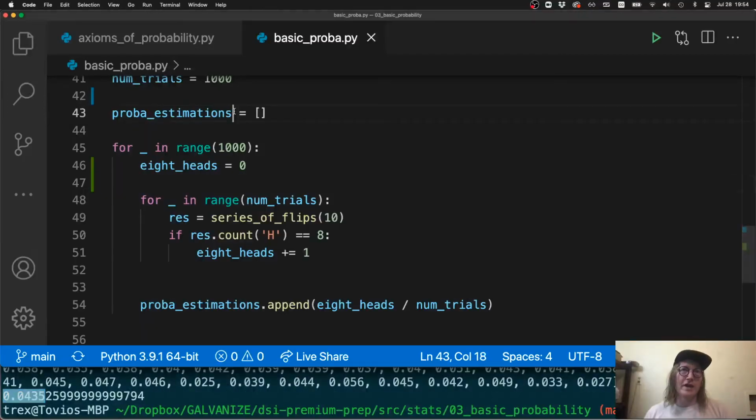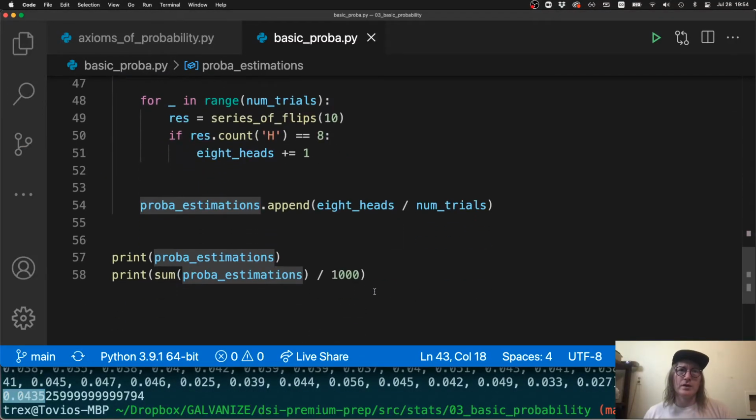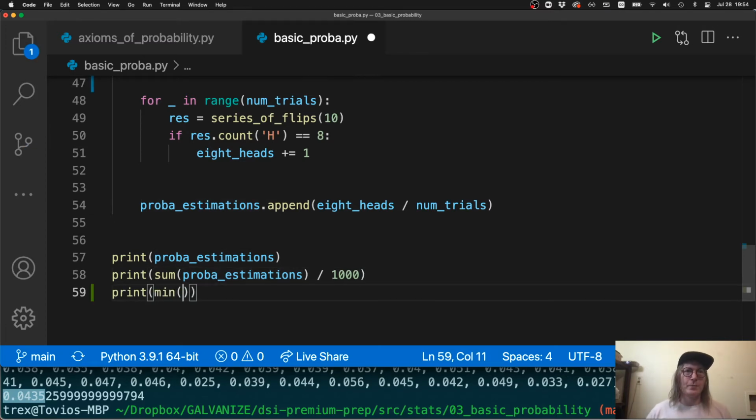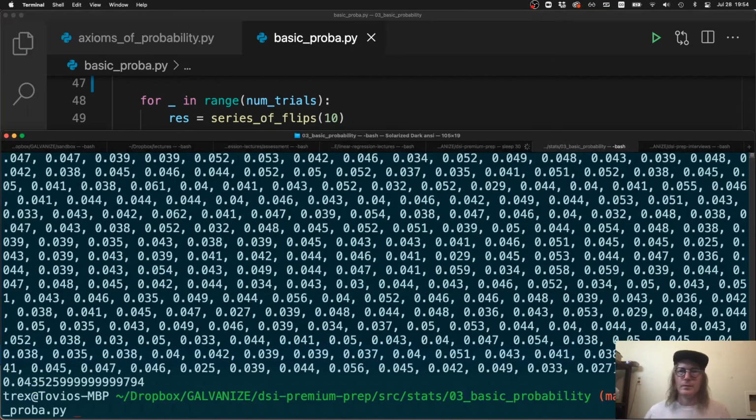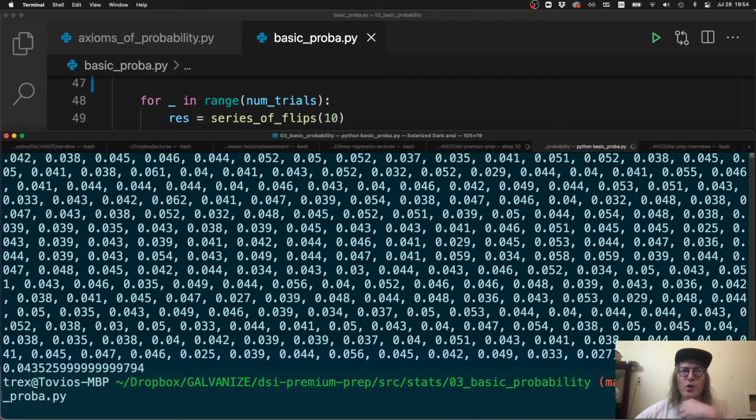What we could also look at is the minimum here, right? I think that is interesting. So let's look at the minimum value for the probability estimations, and let's also look at the max value, just to gain a little more insight into this kind of estimation process through sampling.